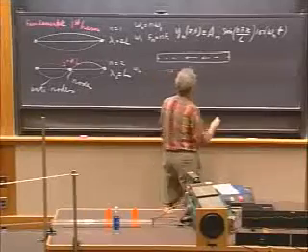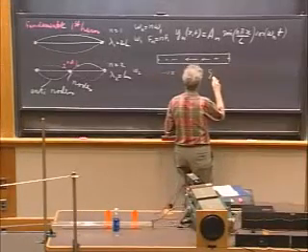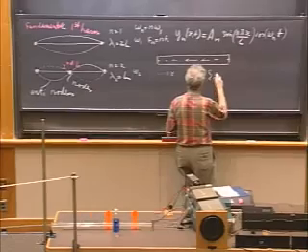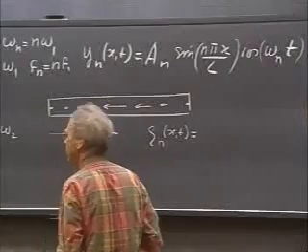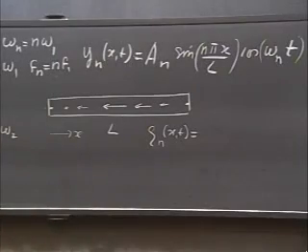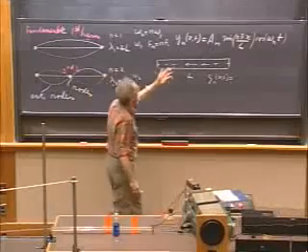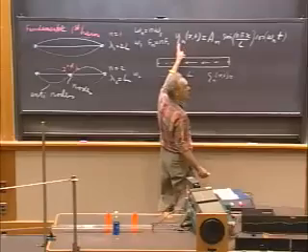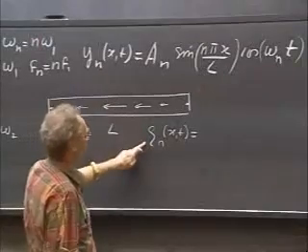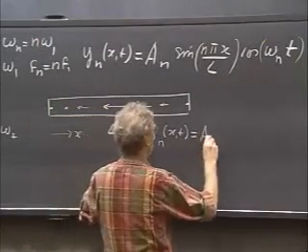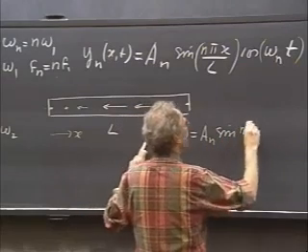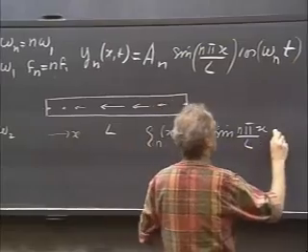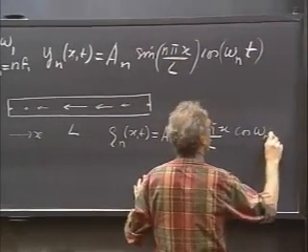And so I could write down that psi in its nth mode as a function of x and t is then effectively the same as my y that I had before, except I have to replace y now by psi. So I give it some amplitude, A of n, then I get the sine of n pi x over L, and I get the cosine omega n t.